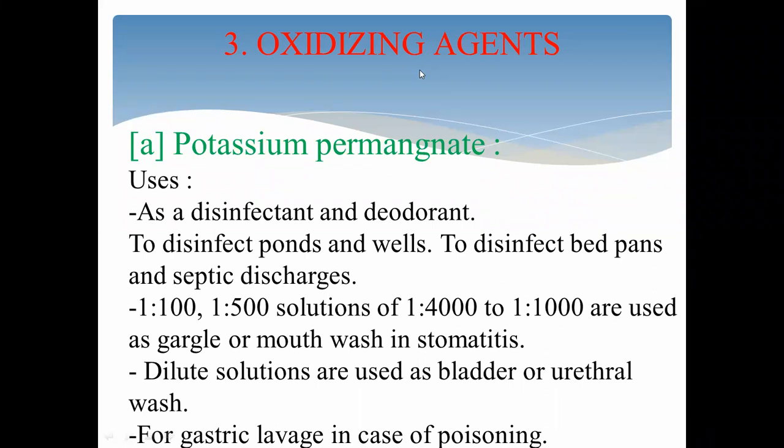Otherwise, you can leave the lecture. 33. 31. Yes, madam. Roll number 20. Yes, read, ma'am, about oxidizing agent.